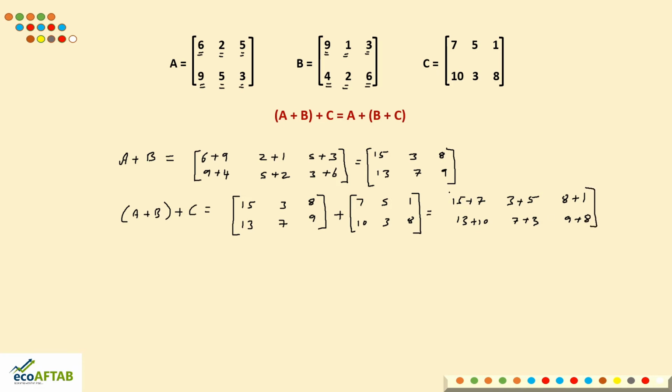So the end result that we are going to get is 15 plus 7 is 22, 3 plus 5 is 8, 8 plus 1 is 9, 13 plus 10 is 23, 7 plus 3 is 10 and 9 plus 8 is 17. So this is what we got.